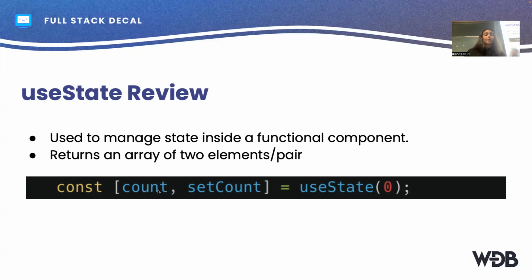The second element returned is a function, our set count. So we usually use something and then a function which changes that variable. And since we're putting 0 here, the initial value of count will be 0.